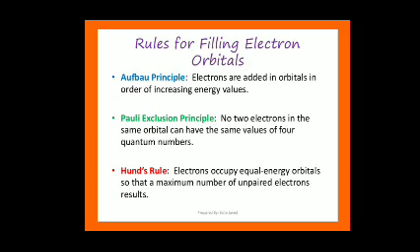From the ground level to higher levels. So Aufbau's principle states that electrons enter into the orbitals in the increasing order of their energy levels. This means that electrons occupy the lowest energy orbitals first, then enter into higher energy orbitals.